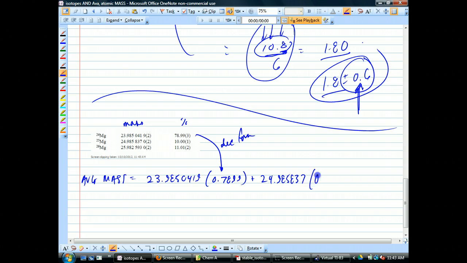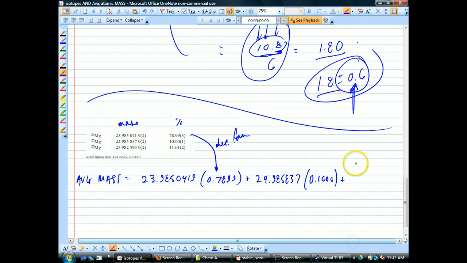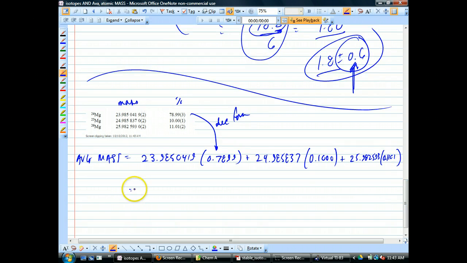Plus 24.985837 times 0.1000. And then the last one is 25.982593 times 0.1101. See how that works? Is anybody stuck on this step where I just converted that to decimal form? I'm just dividing all the percentages by 100.